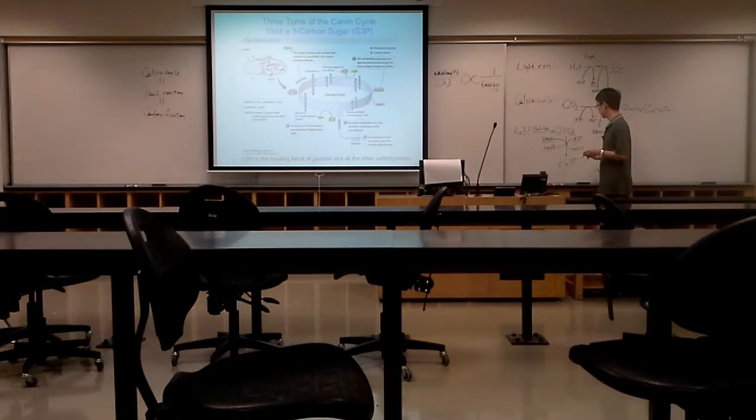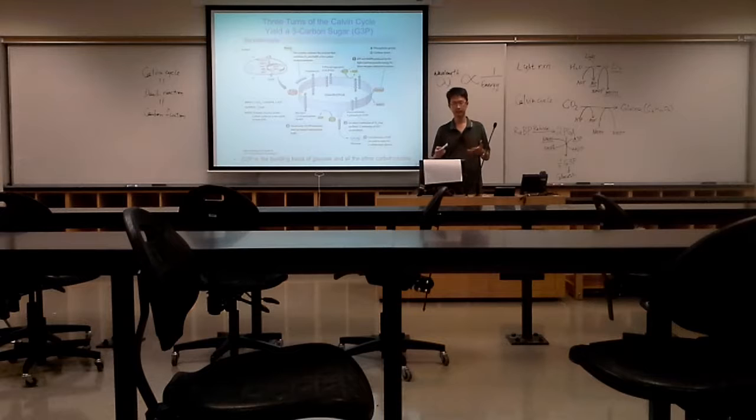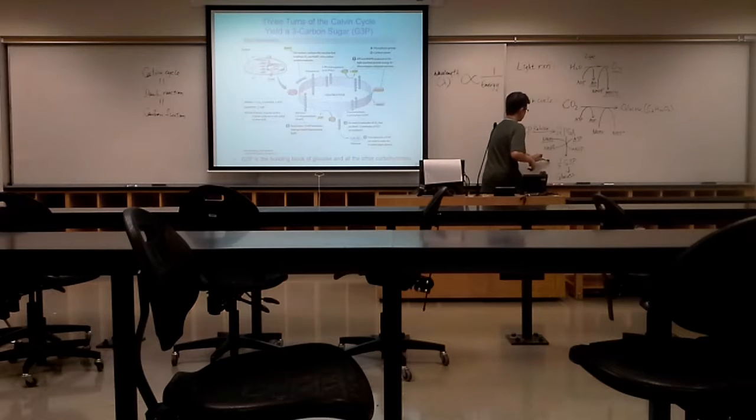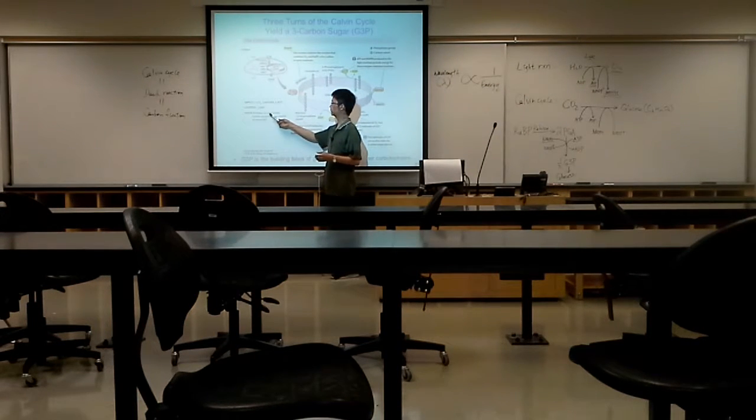And G3P will be converted into glucose. G3P is actually the precursor of glucose. You can call it this way. So why do I put 1/3? The reason is that the output is 1/3. It takes 3 turns of Calvin cycle to make 1 G3P.